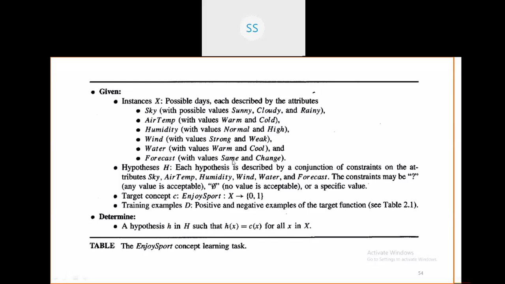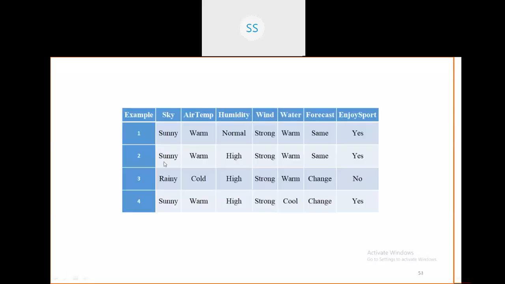And the forecast, similarly, can have 2 values, same and change. So these are the 6 attributes, and each attribute has different values, and it is going to be evaluated.